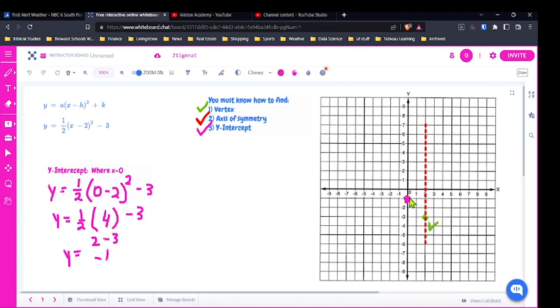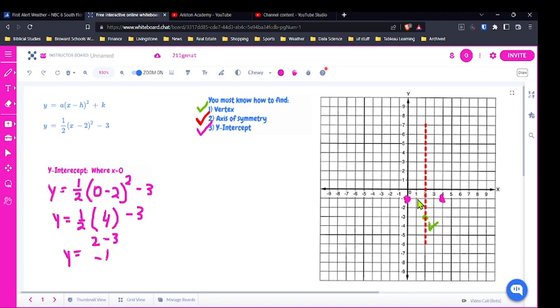And you can count how many units that is. So from here, it's 1, 2 units to here. Now, because of symmetry, I can go 2 more units to the right, 1, 2, and I can plot another point at the same y value, because the parabola is symmetric.